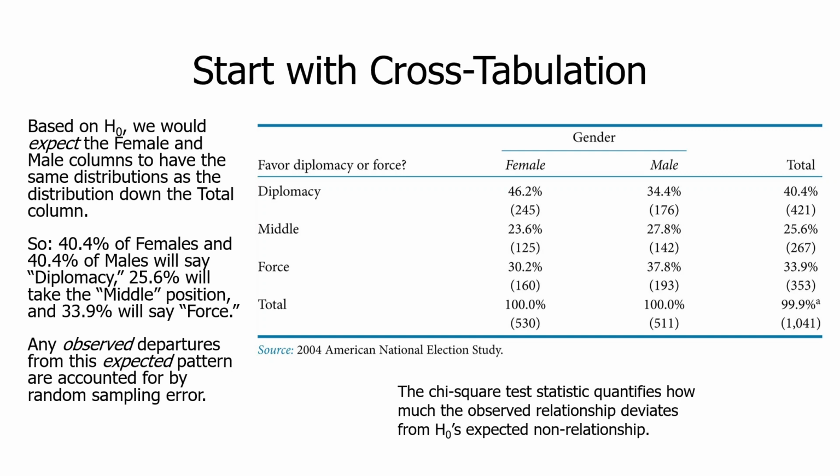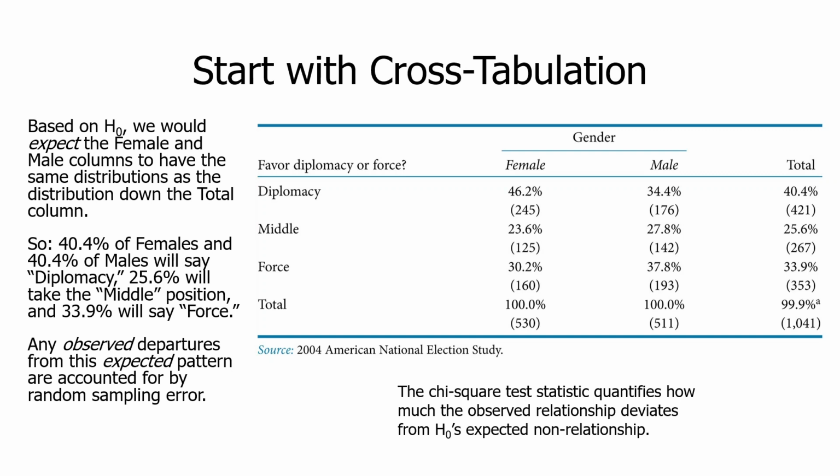So the first thing about chi-square is you replicate these percentages down each of these columns and then compare what we observe with what the null hypothesis expects us to have found. H sub 0 is based on the expectation that the distribution of cases down the female column and down the male column will be the same as the distribution down the total column.